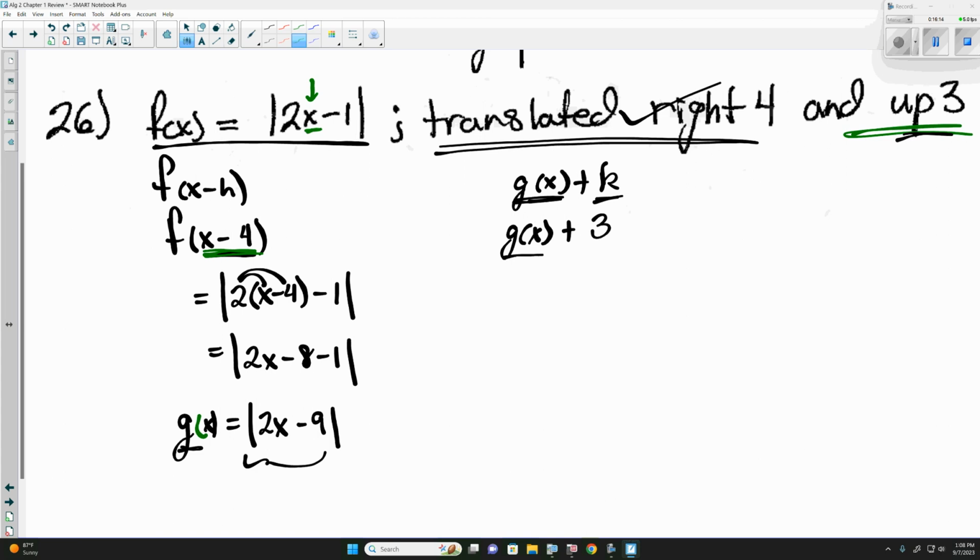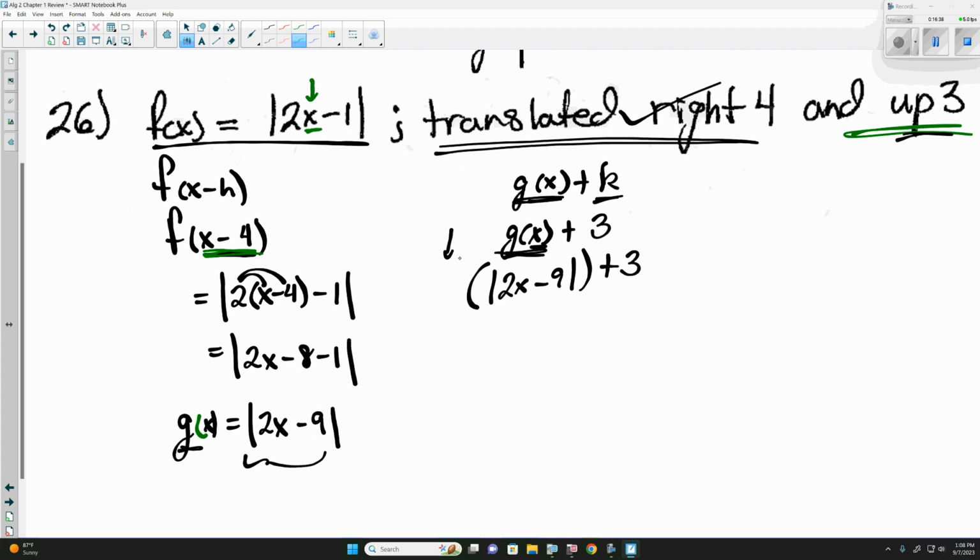Okay, because I got ahead of myself a minute ago. And just like before, it's still g of x. We're not doing anything to anything inside the parentheses. It's still x, still g of x. So that means this is still the absolute value of 2x minus 9. It's not changing. We didn't change anything to that function with it, the x.